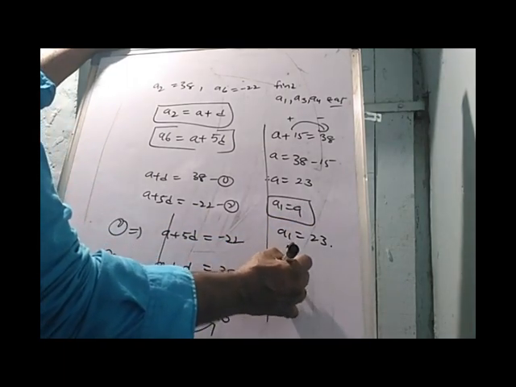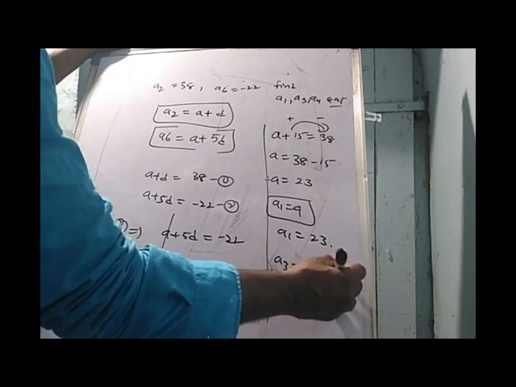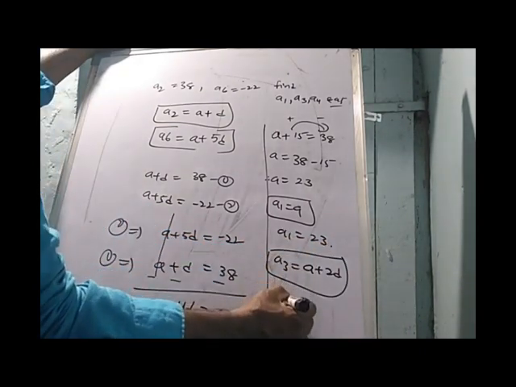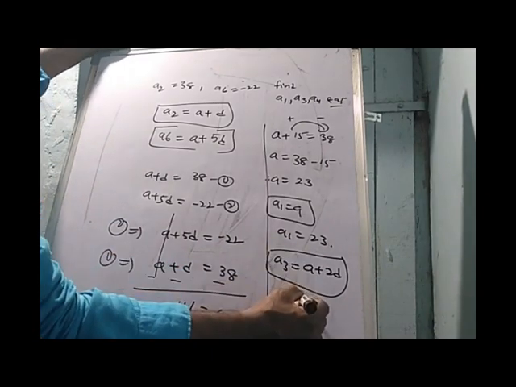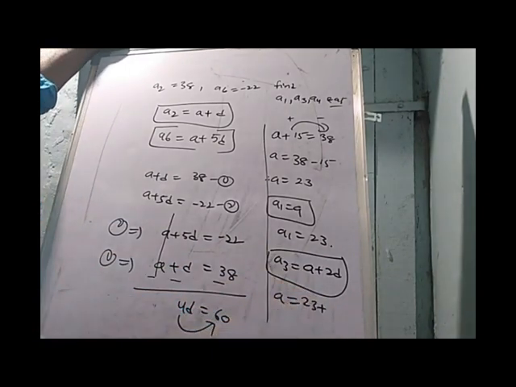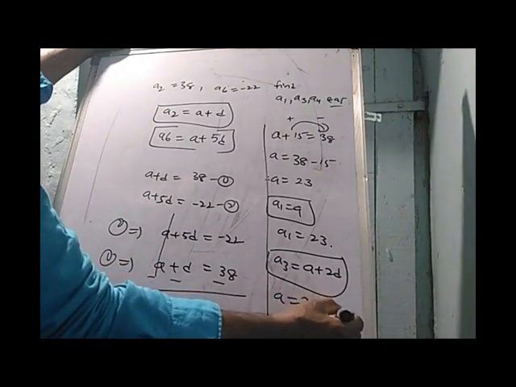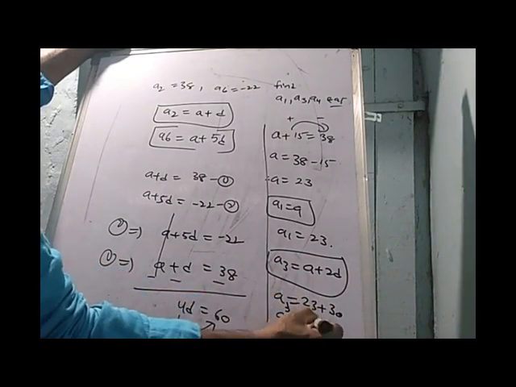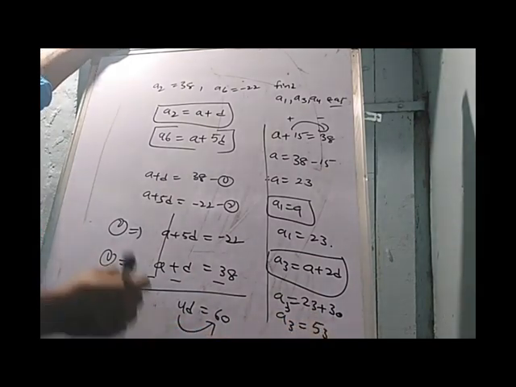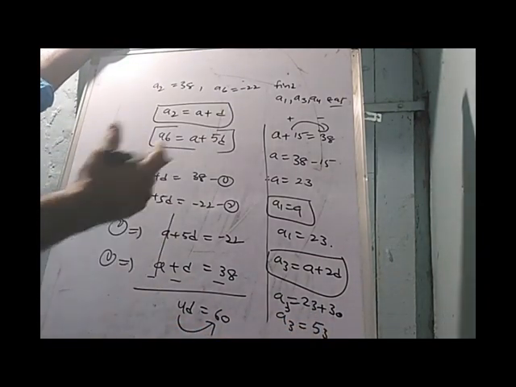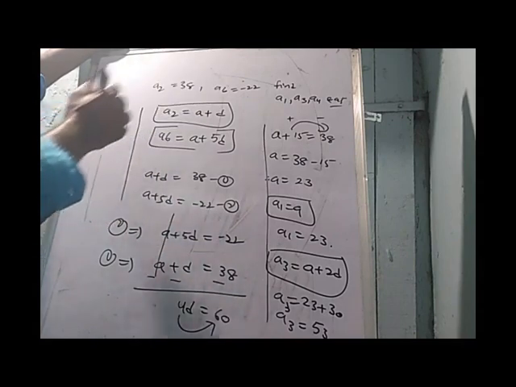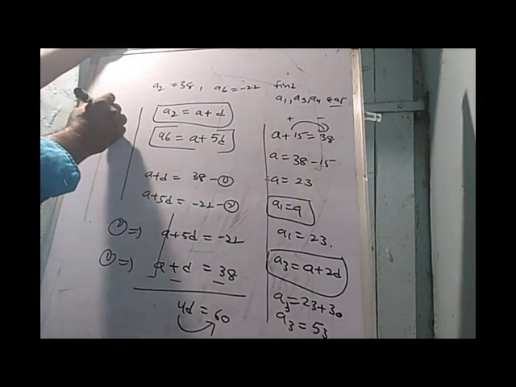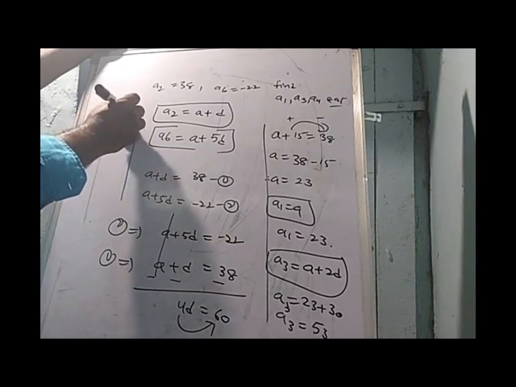Next, A3. What is A3? A plus 2D. This is A3. So we need to apply the values. A3 is 23 plus 15 twos are 30. The result is A3 equals 53. The remaining terms you can also solve like this. For example, A4 equals A plus 3D.